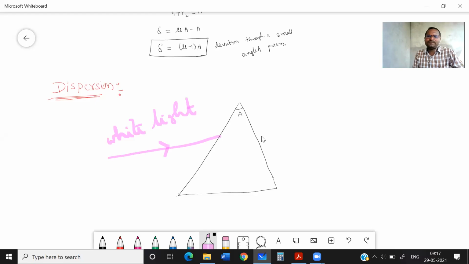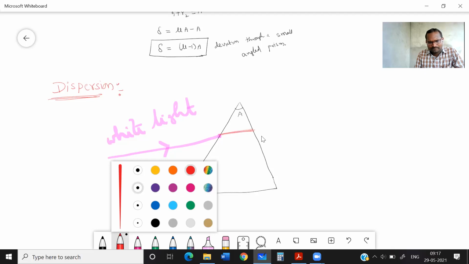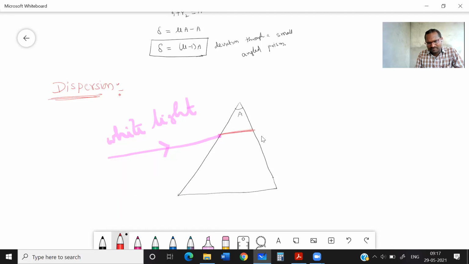That phenomenon we call dispersion. Upside the red color will be there, and downside the violet color will be there.